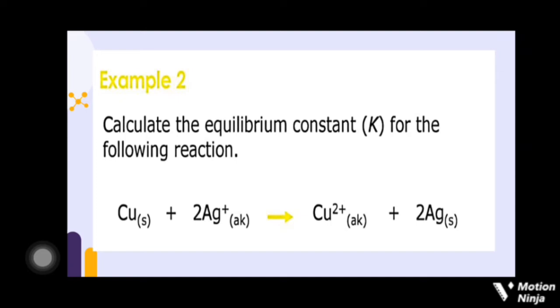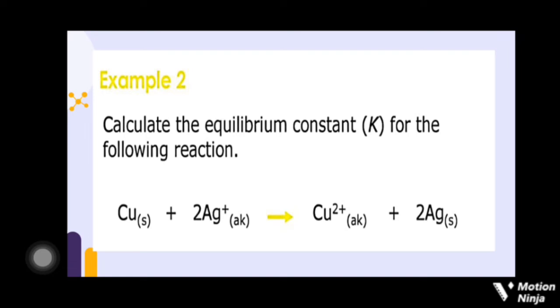So let's proceed. It is the same formula we are going to use, but there are some changes. Since the E cell is 0 already and there is no net reaction, the reaction quotient will be changed into K, which is the constant.